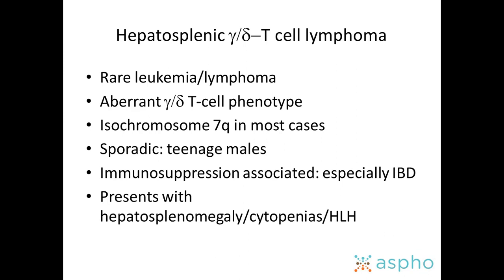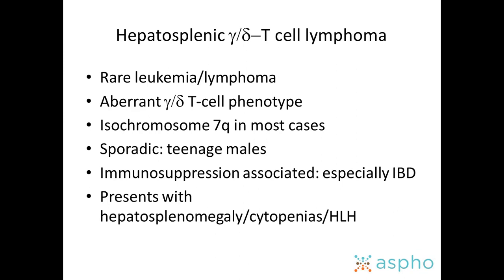The diagnosis in this case is hepatosplenic gamma delta T-cell lymphoma, and the point of this case is not to raise your awareness of this particular leukemia lymphoma syndrome, but I will describe it here. It's a rare leukemia and lymphoma. It has an abnormal gamma delta T-cell phenotype, often co-expressing CD56.